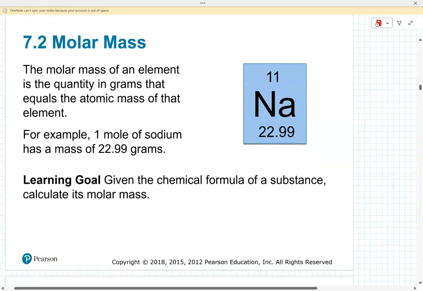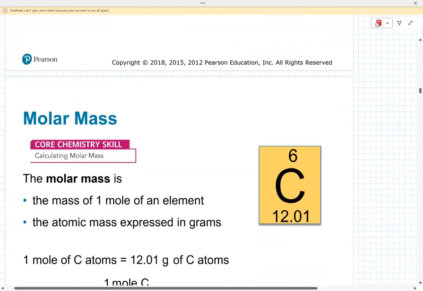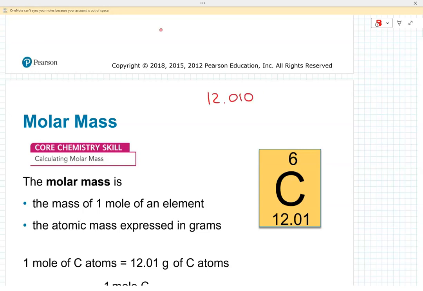So basically, the molar mass constitutes the same number that you see under the chemical symbol in the periodic table. So if you start looking at carbon in that fancy periodic table that we have on the wall, it's not just 12.01, it's 12.0108 grams.